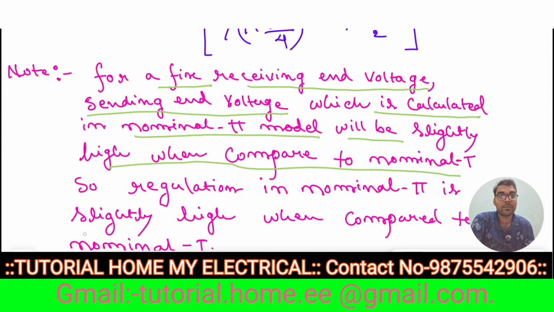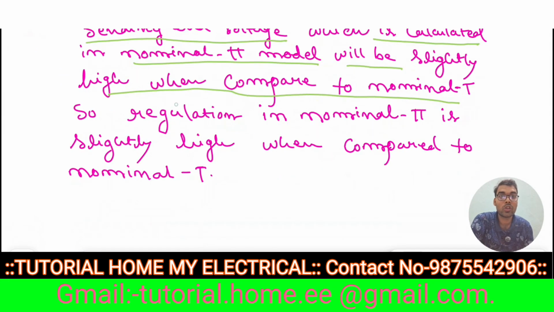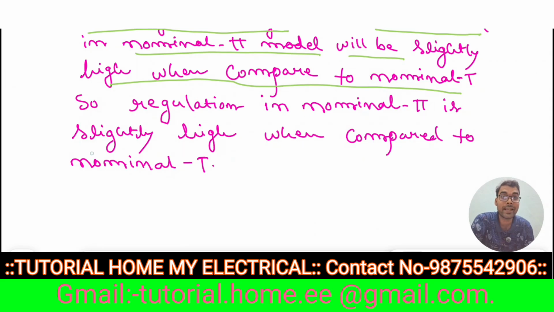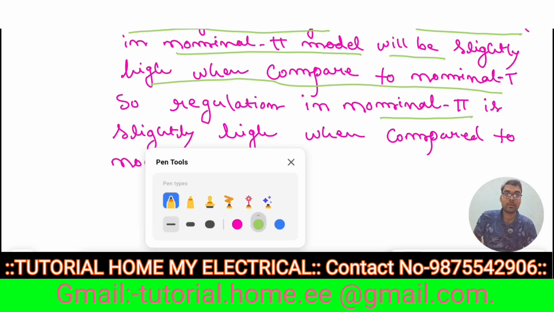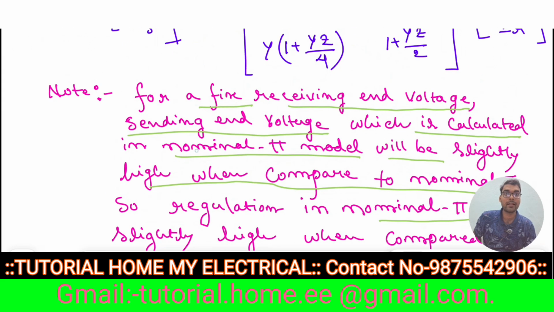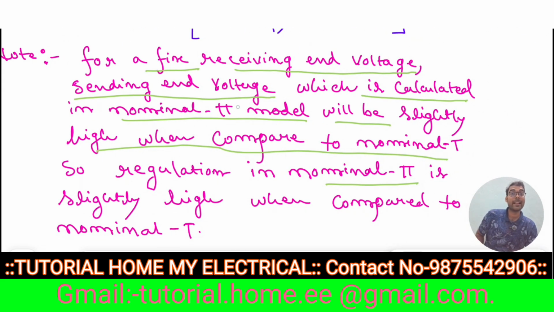Okay, and so regulation in nominal pi circuit is slightly higher when compared to nominal T. Means for fixed receiving end voltage, sending end voltage in nominal pi method is slightly higher when compared to nominal T circuit.